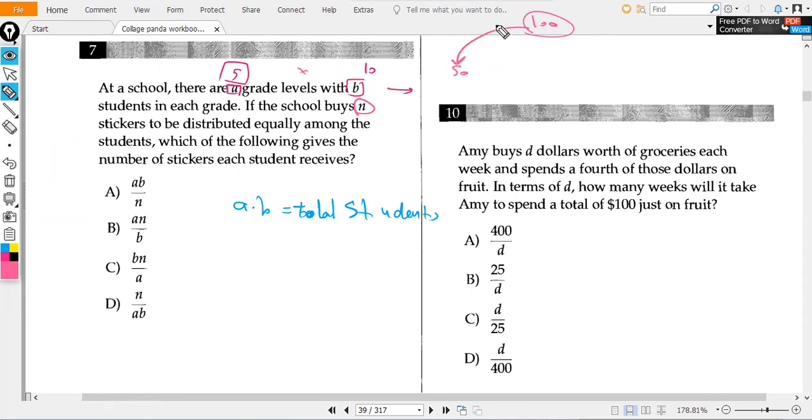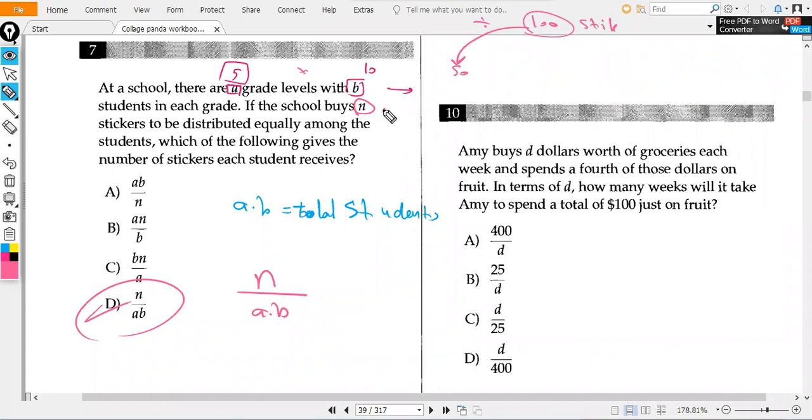Good, because we will divide the number of stickers over the number of students. So I'll divide N over AB to get the number of stickers each student will receive. So when we replace variables with numbers, the problem will be easier.